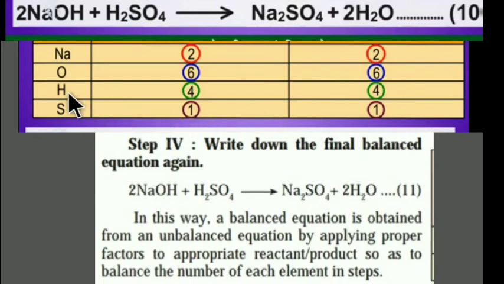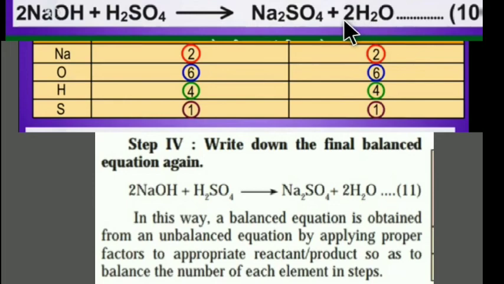Then what about hydrogen? Hydrogen having 4 atoms on the left side and also on the right side. See here, this is 2 hydrogen, and here also 2 hydrogen, equal to 4 hydrogen. On the right side there is 2H2.